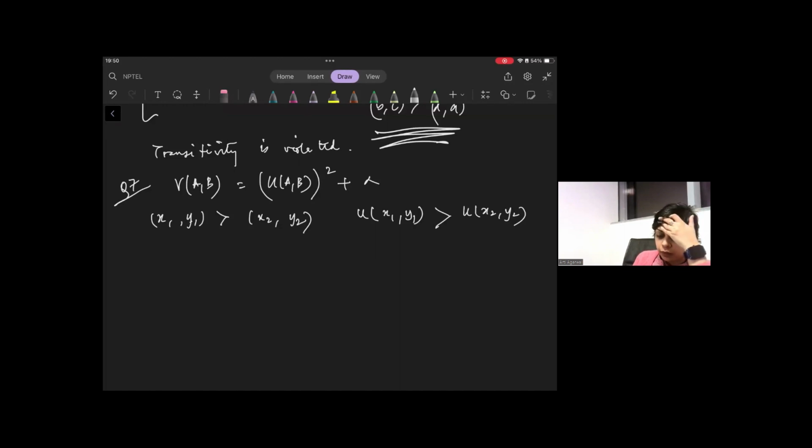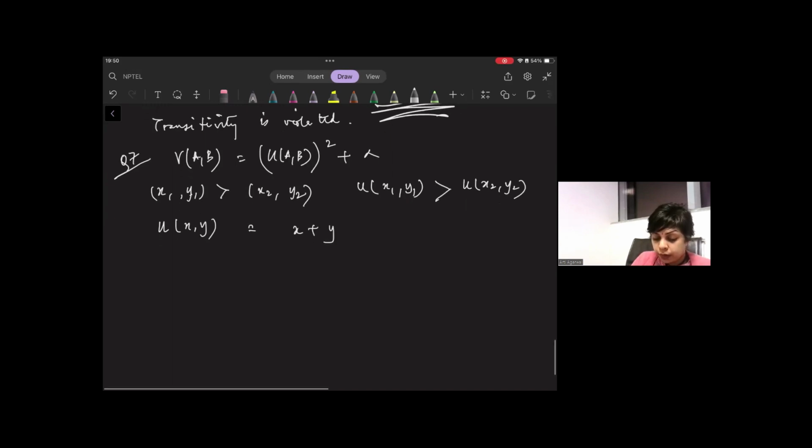This is there in the lectures, and what that means is that only the ordering of the utility values matters, not the exact value. Suppose I'm using some function u(x, y) equal to x into y.